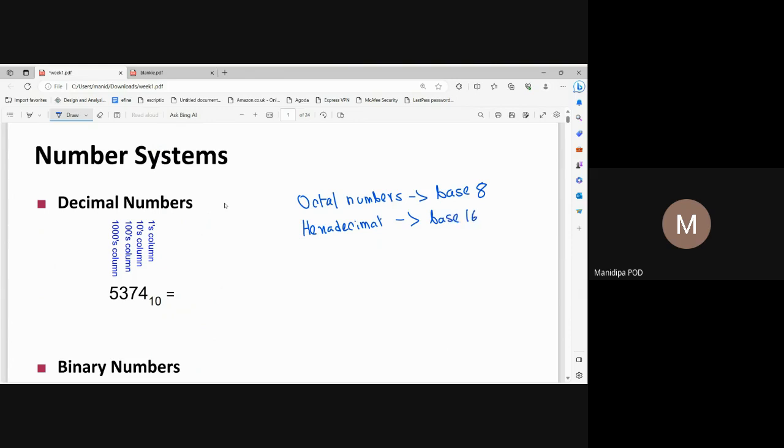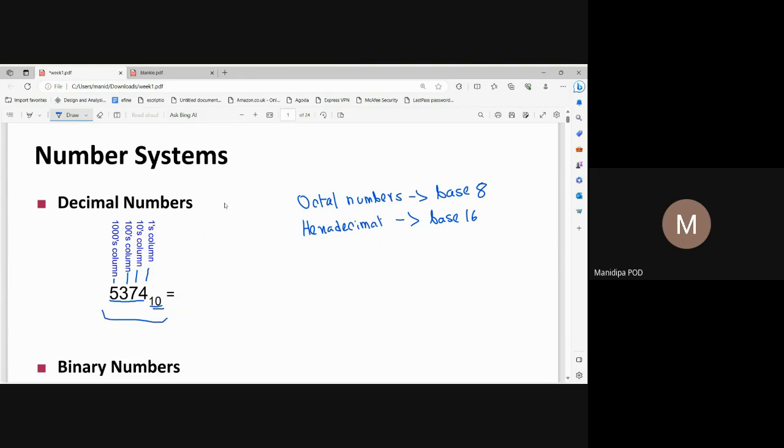In this notation, if we take the number 5347, this is a decimal number with base 10. Here 7 is the digit in the ones column, 4 in the tens column, 3 in the hundreds column, and 5 in the thousands column. So this is the decimal representation of a typical number.